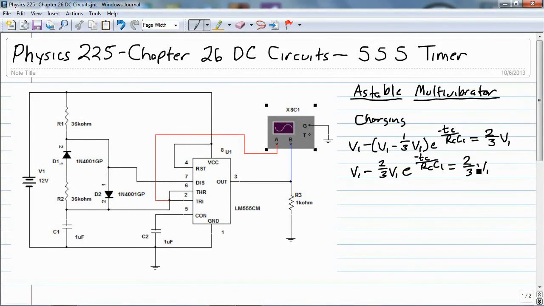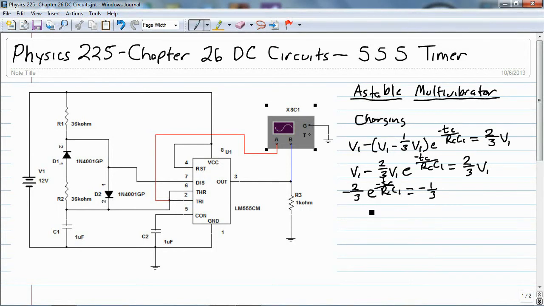Well, the V1s are going to go away, and I can subtract 1 from both sides, and I get 2/3 E to the negative TC over RC C1, and that's going to equal a negative 1/3.